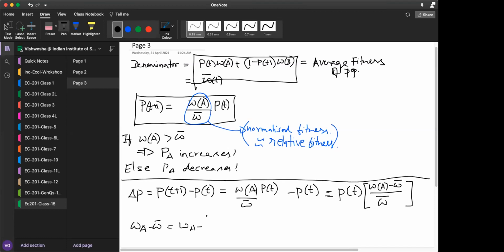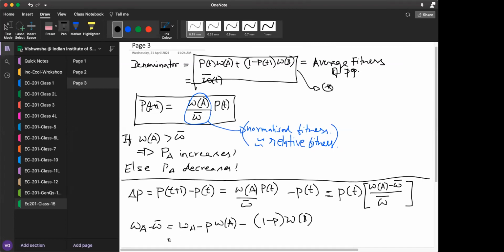Omega A minus, I'm basically using this expression, P of omega A minus 1 minus P of omega B.